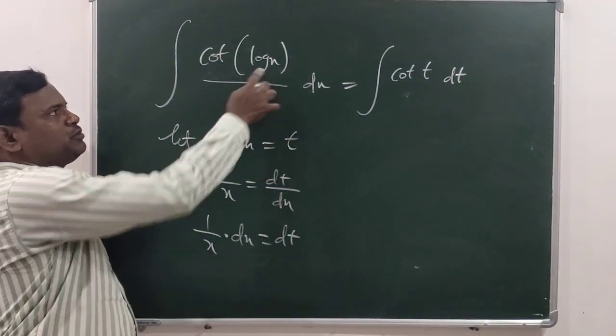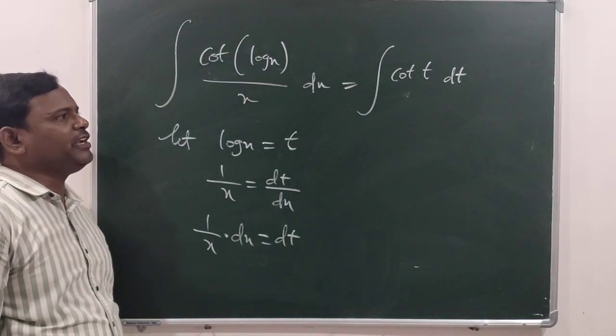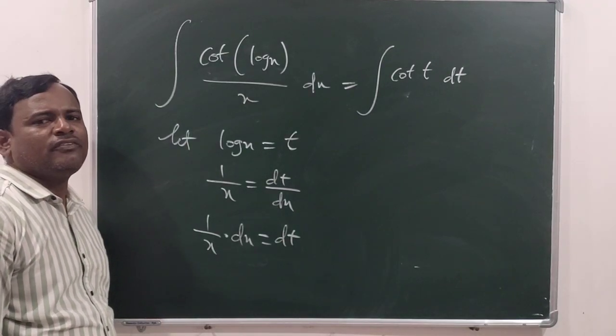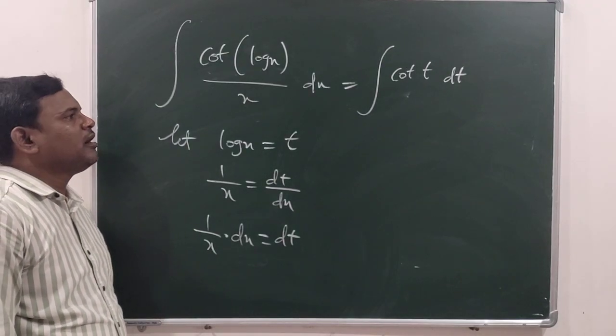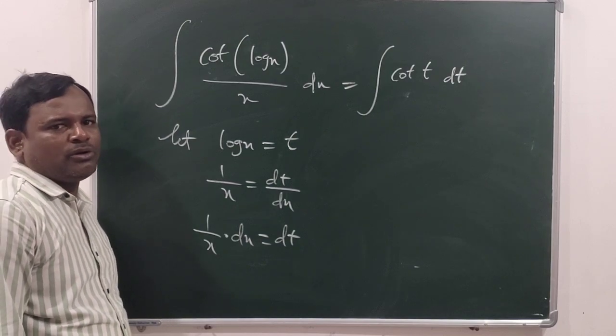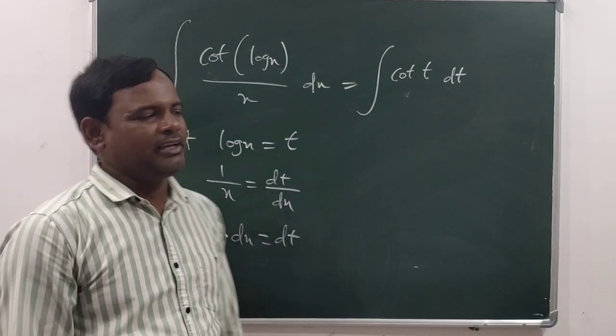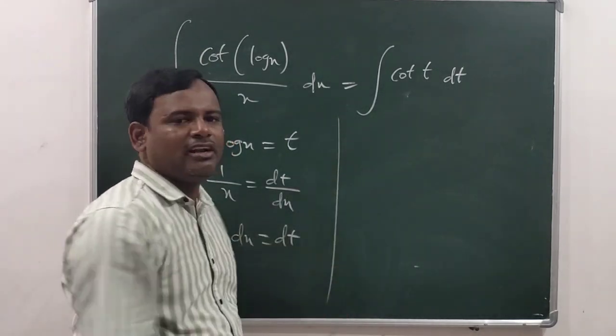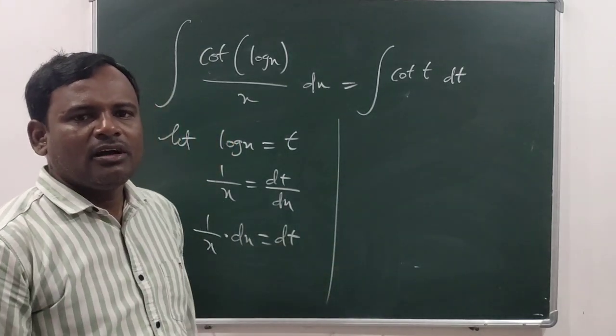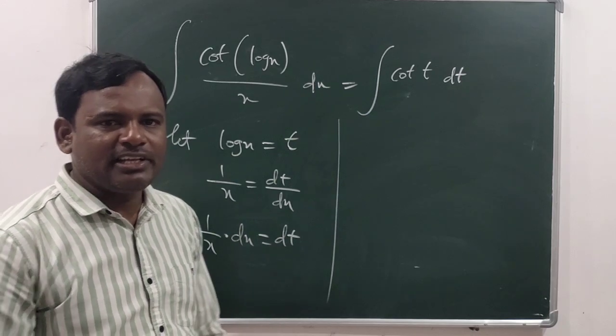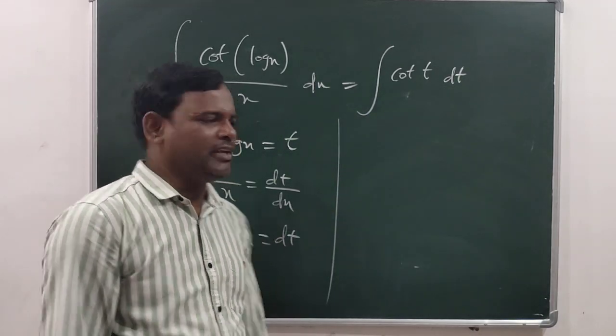Log x value is t now, students. Then cot of t into dt. You know the integration of cot x is log mod sin x. You know that standard integral for cot x. Cot x integration is log mod sin x.